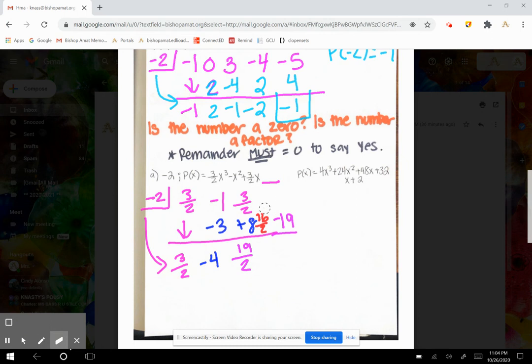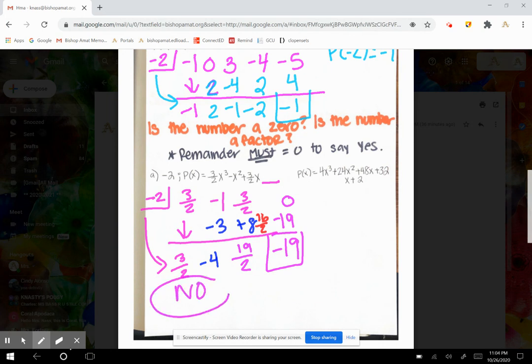I'm going to cancel that over a time, and you add down to make -19. So is -2 a 0 or a factor of this equation? And the answer is no. And why is the answer no? Well, I wrote it right here. The remainder must be equal to 0 to say yes, that it's a factor.